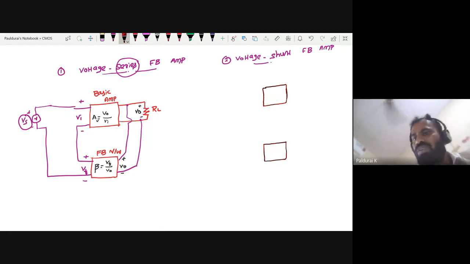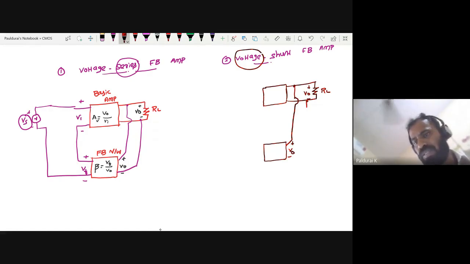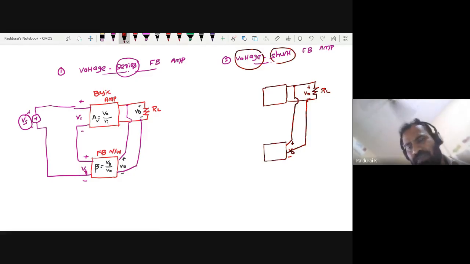This time no change in sampling. RL, Vout plus minus, since my sampling is again voltage. So plus to plus, minus to minus.